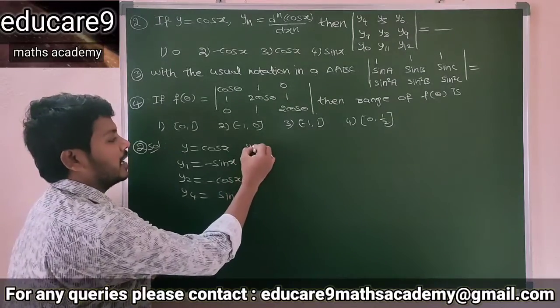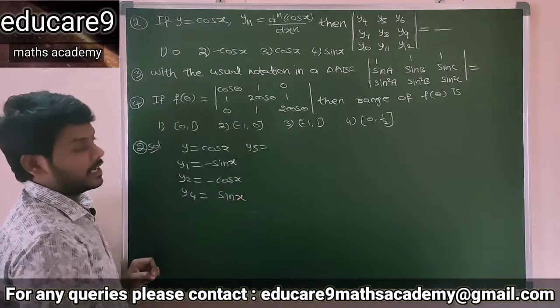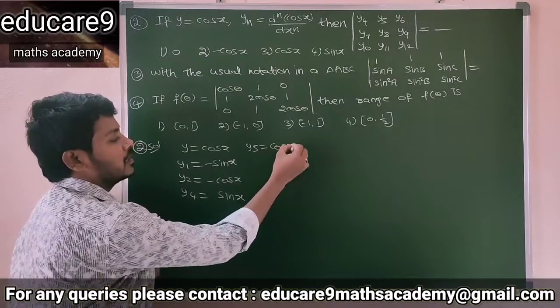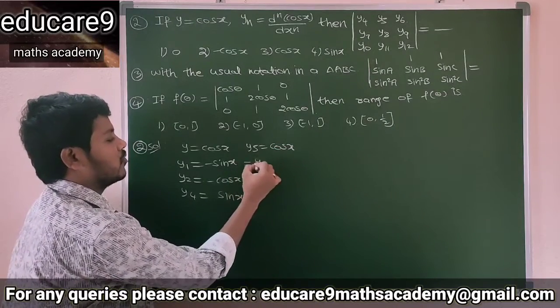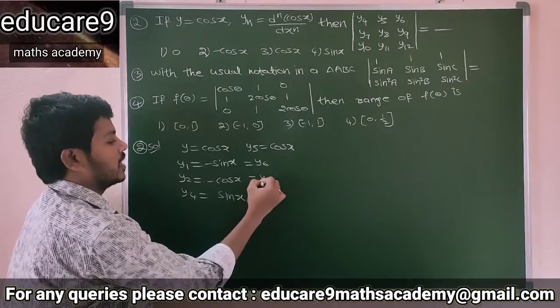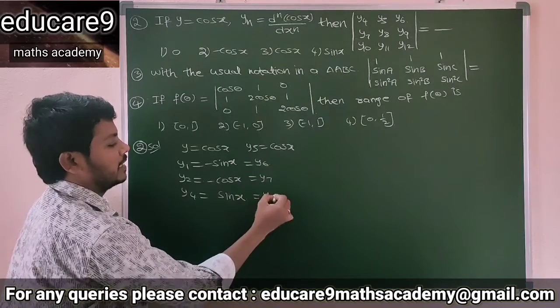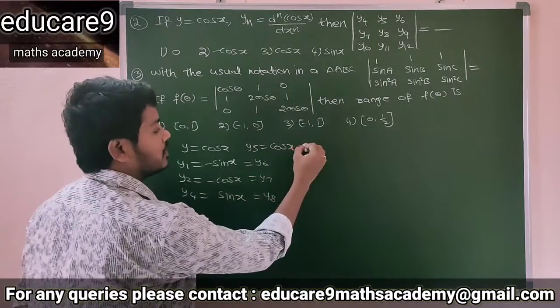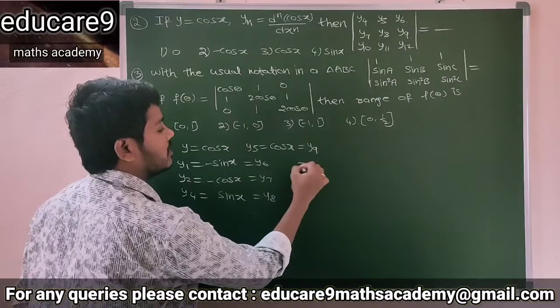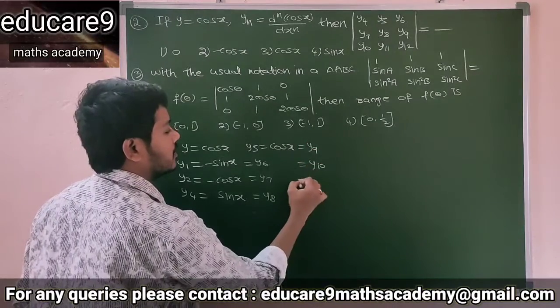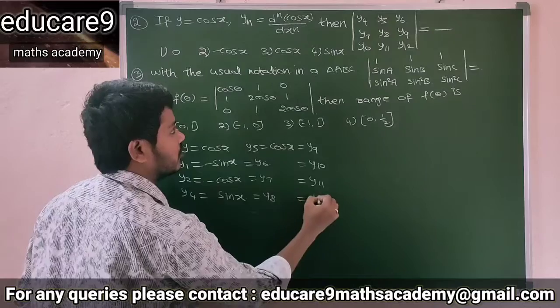And what is y5? The derivative of sin x, that is cos x. So similarly, this is y6, this is y7, this is y8. Again, this is y9, this is y10, this is y11, this is y12.